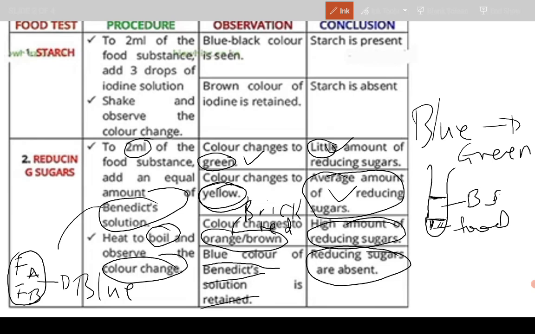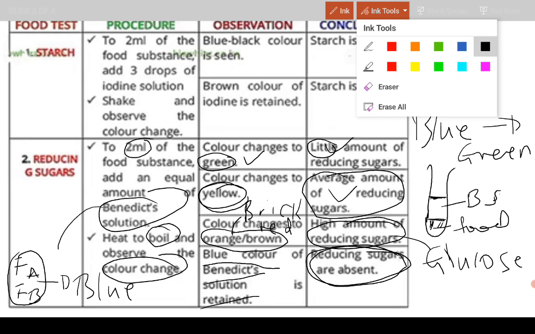If the color changes to orange, brown, or brick red, then it shows that there's a high amount of the reducing sugar. In other words, there is a high amount of glucose there, for example. But if the color stays the same and unchanged, then the reducing sugar is absent. In other words, there's no reducing sugar in such a substance.